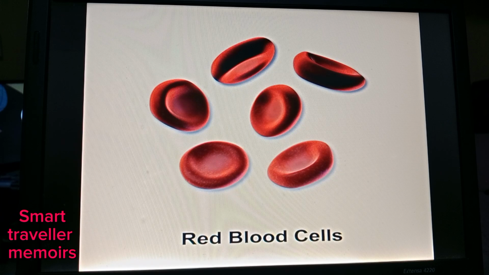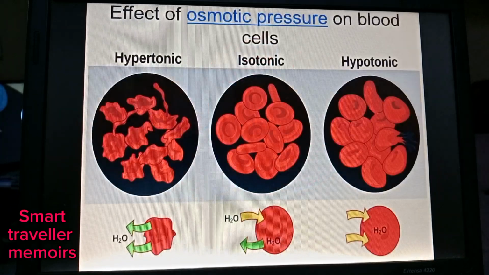On the side of the animals, I'm pleased to talk about red blood cells and osmosis. I've covered the plants.